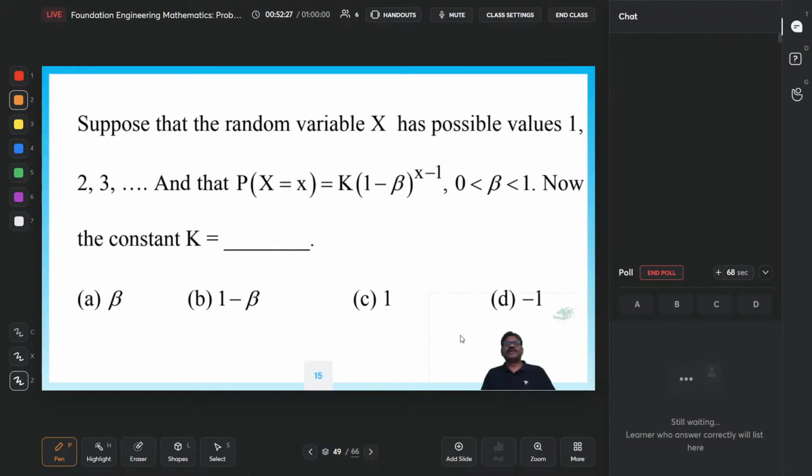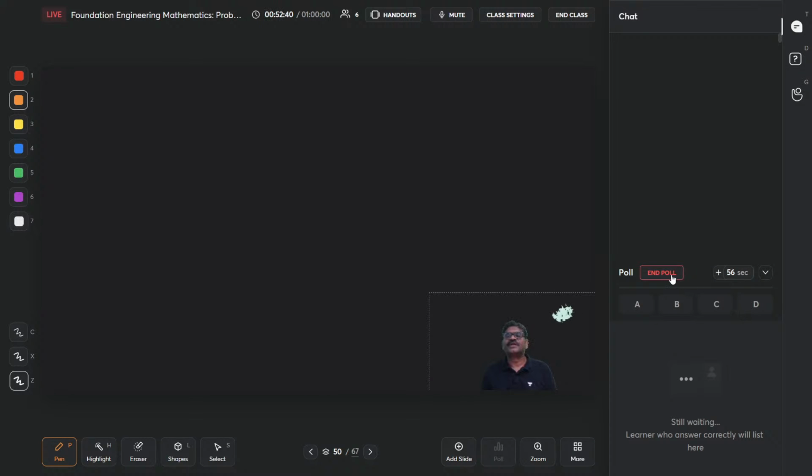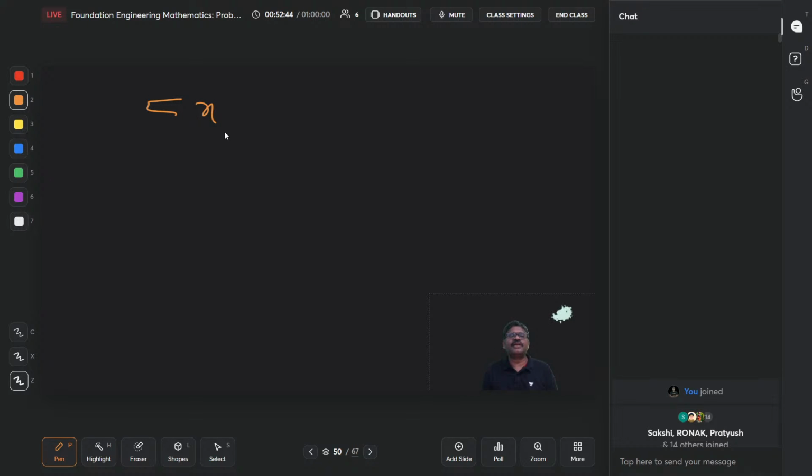A random variable x has possible values 1, 2, 3 and so on. The probability mass function is provided. Then we have to calculate the value of k. Sum of all probabilities equal to 1.